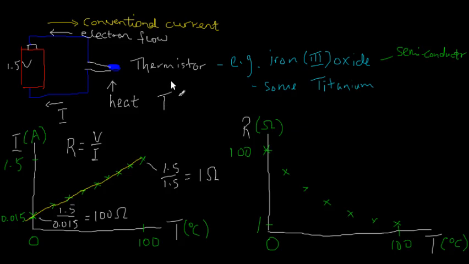So that's one way a thermistor can be used. Another way might be as part of a fire alarm. If there's a fire, things get too hot, the resistance drops, and that could also be used as part of an electronic device to trigger a fire alarm, for example.